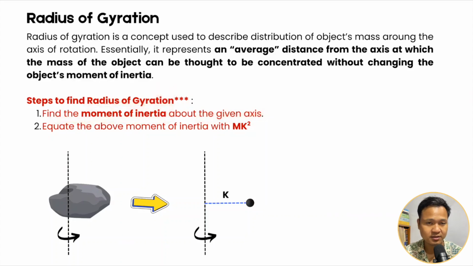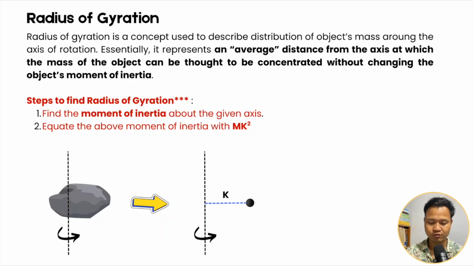Then equate the above moment of inertia, the one you calculated, with mk square. Okay, and then you solve for k. This k is the radius of gyration.